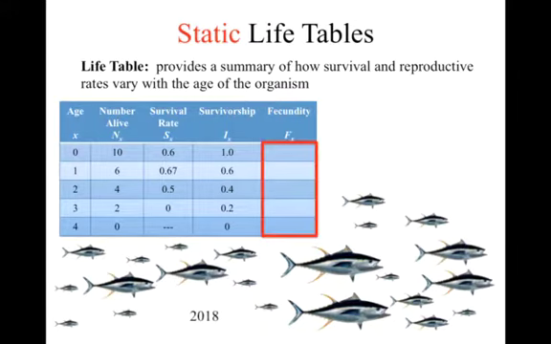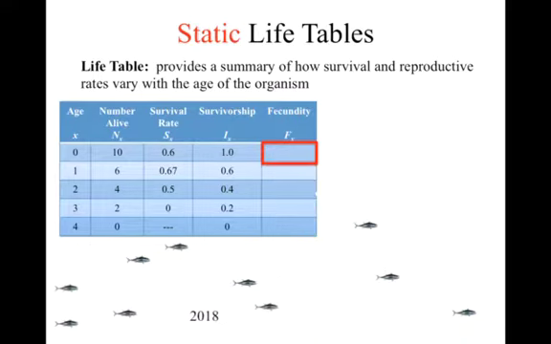Moving on to fecundity. Again, with fecundity, you need to be told things. So we're going to look at the number of babies born to each age fish. So if I take a look at my age 0 fish, typically, they might have no babies at all. So often that row is 0.